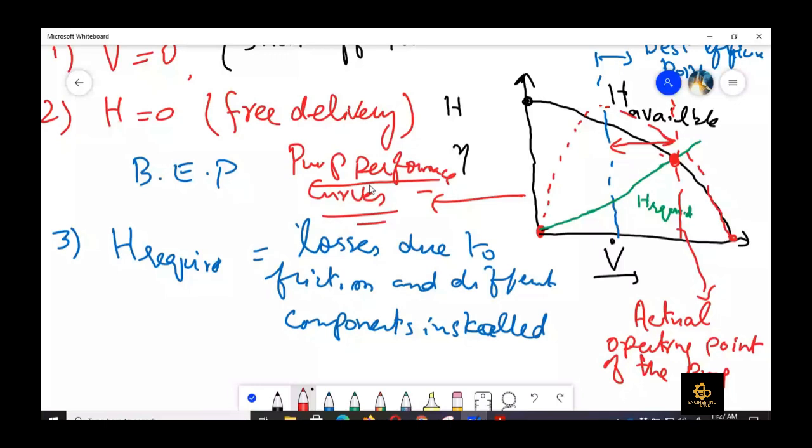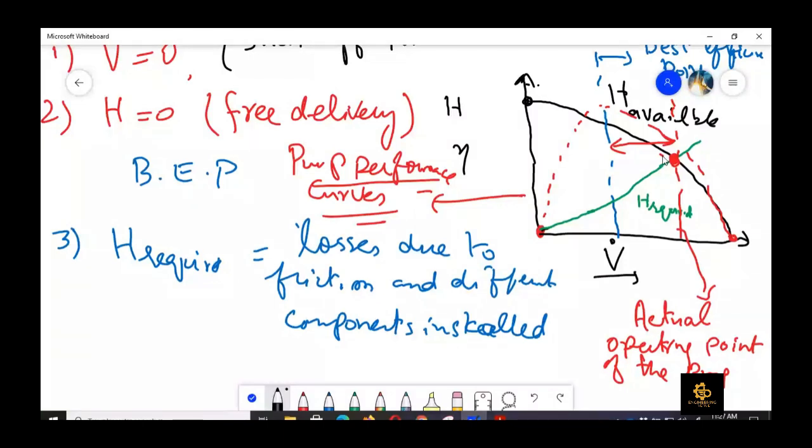Then you look at the pump performance curve, because these depend upon the diameter of the impeller. If the diameter of the impeller is changed, it would be a different curve. Then you need to decide what impeller diameter pump to select, and what the volume flow rate would be. We will take it from here in the next class.